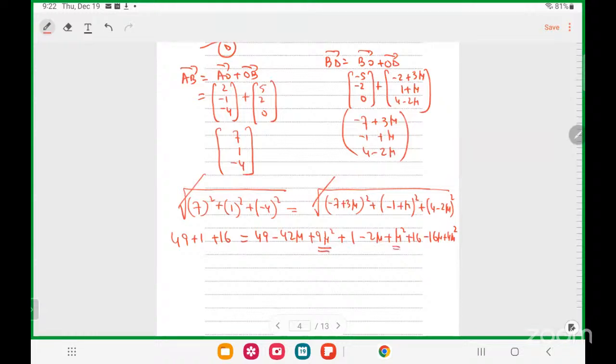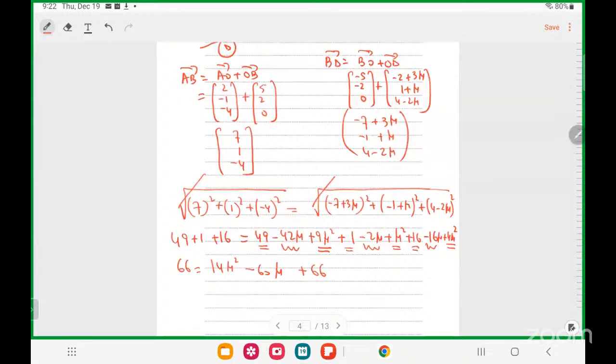9 mu square, 10 mu square, 14 mu square. 66 is 14 mu square minus 42 mu minus 2 mu minus 44 mu minus 16 mu, minus 60 mu. 49, 50 and 16, that is also 66.